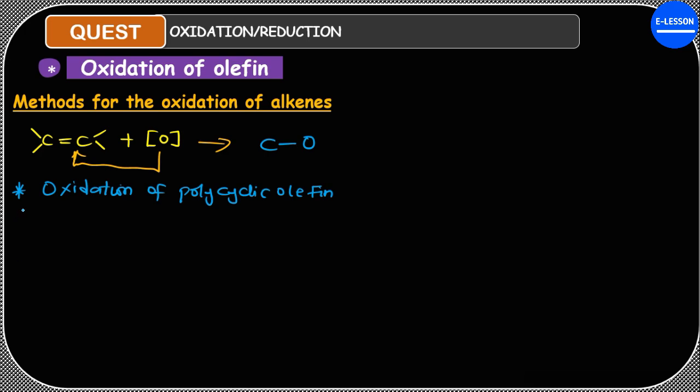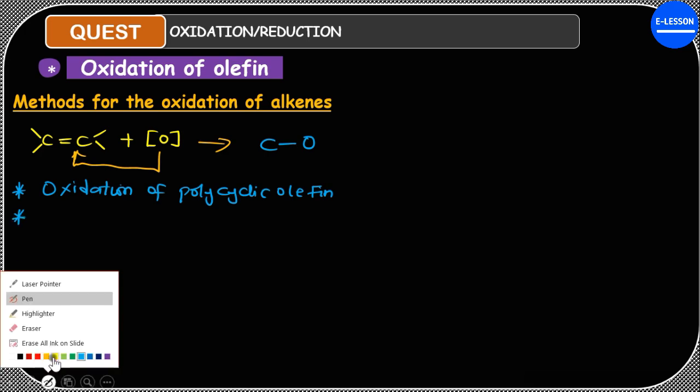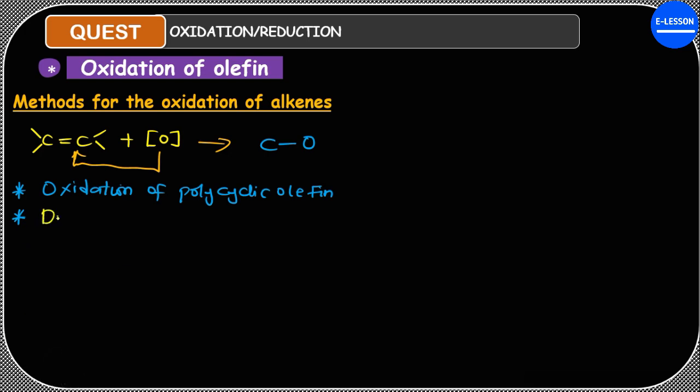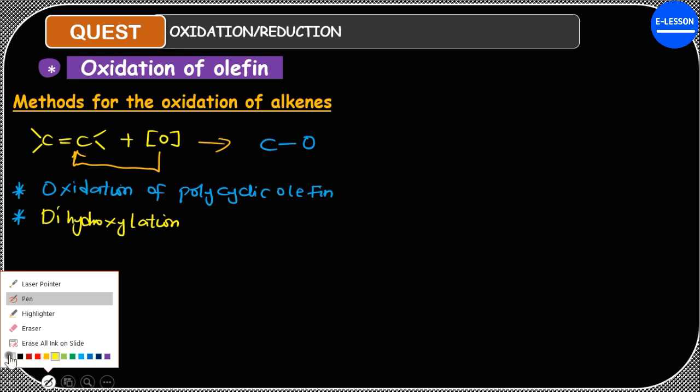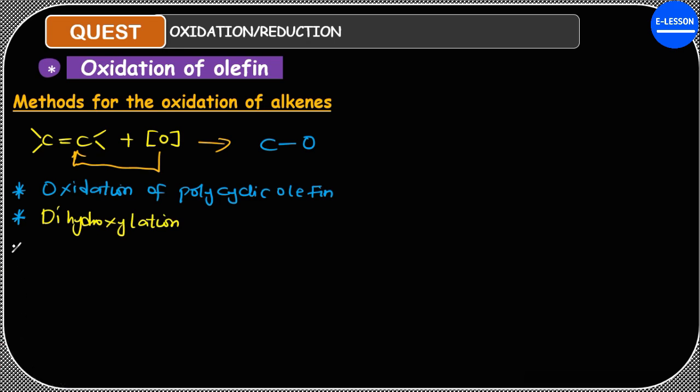Another method is dihydroxylation. As the name implies, di means two. Dihydroxylation means two hydroxy groups added to the alkene double bond. That is another method of oxidation of alkenes.